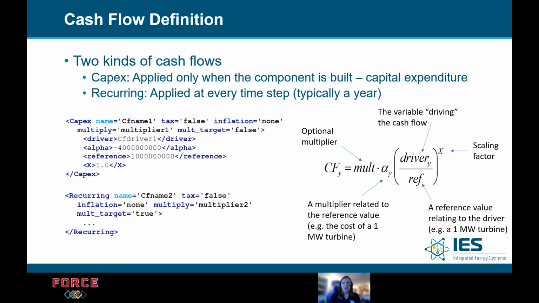So if you want the size of the power plant to be the driver, then your reference would be the size of a power plant that you know the cost of, and that would be your multiplier alpha related to the reference value. And then X is your scaling factor. And then there's an optional multiplier you can have as well, and that generates your cash flow there.